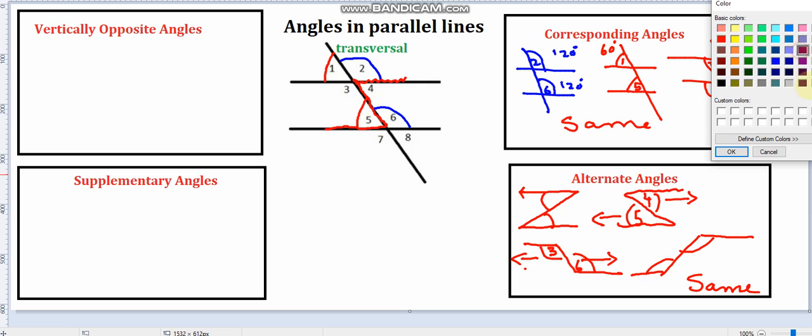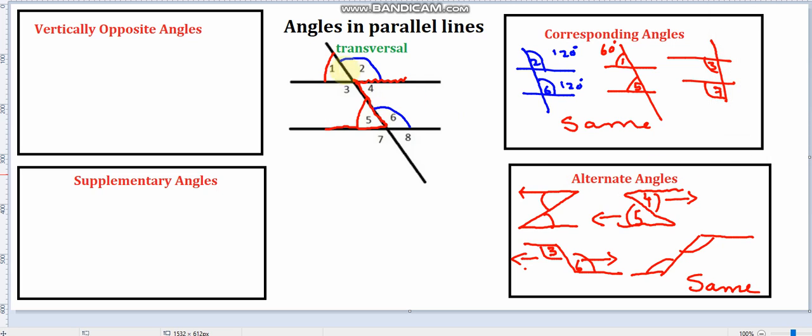Okay, now the next type of angle is vertically opposite angles. Vertically opposite means the angles which are opposite to each other. So if I see angle 2, angle 3 is opposite to it. Similarly, angle 1 is opposite to 4. Angle 5 is opposite to 8. Angle 6 is opposite to 7.